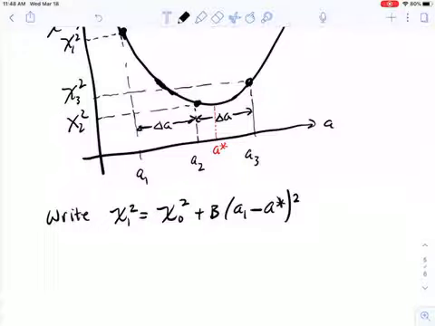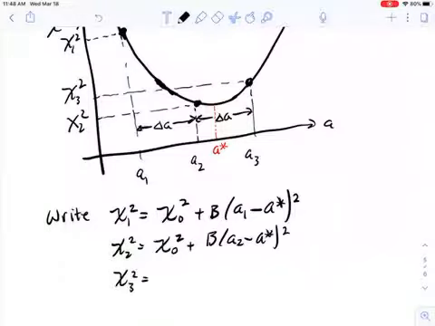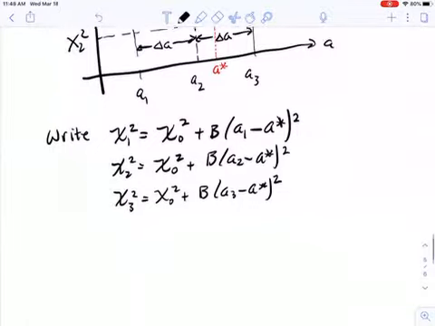Okay, then chi2 squared is chi0 squared plus b times (A2 minus A star) squared, and chi3 squared is chi0 squared plus b times (A3 minus A star) squared. Okay, good.